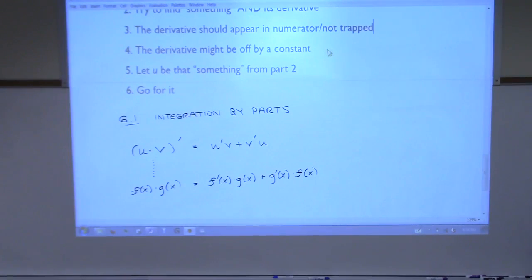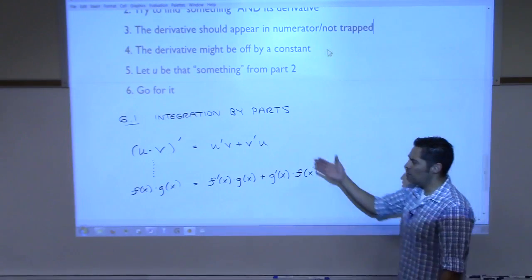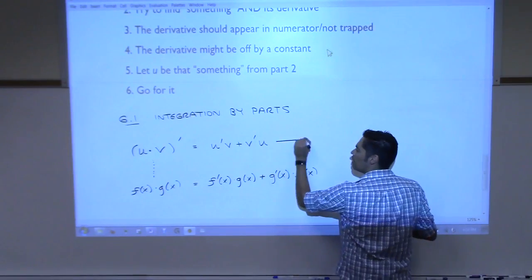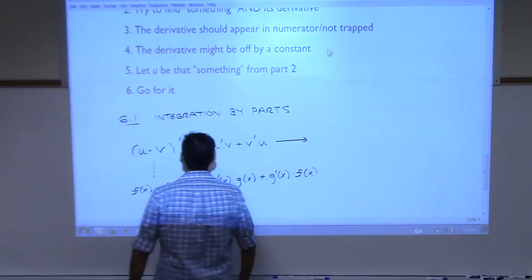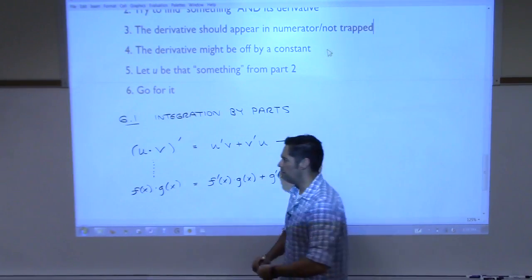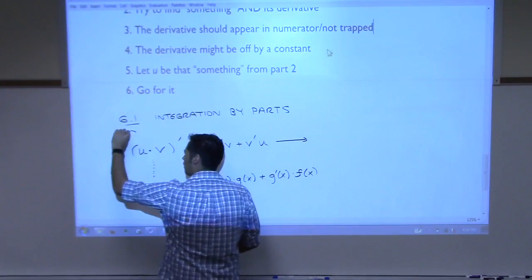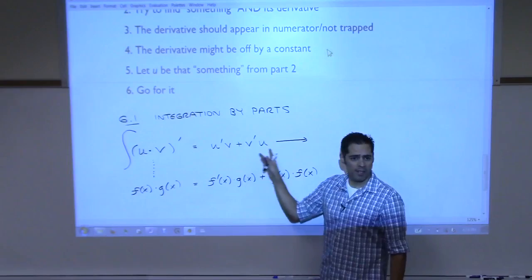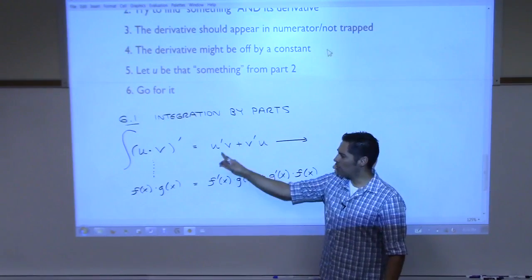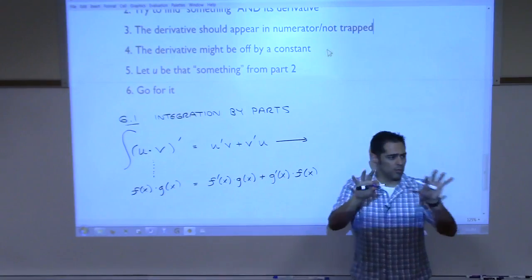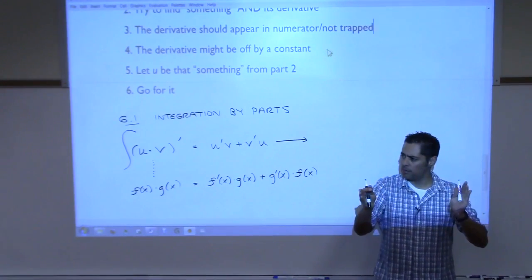Now what we're going to do is try and use this to create a formula. What I'll do is take this equation and integrate it now. Find the antiderivative. So I'm going to take the antiderivative of this side, and then the antiderivative of this side. How many terms are on this side? 2. When you take the antiderivative of two separate things, can you do them separately? Yes.